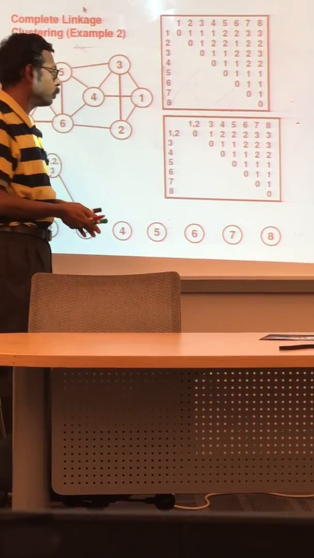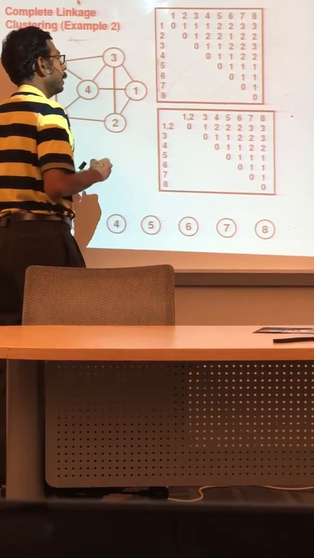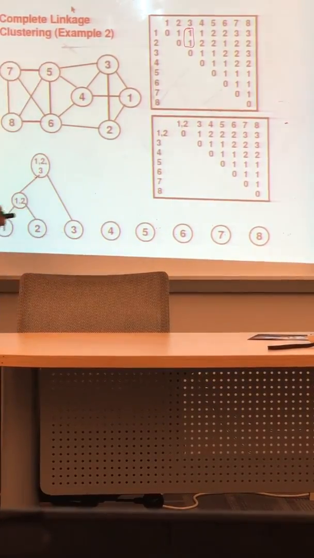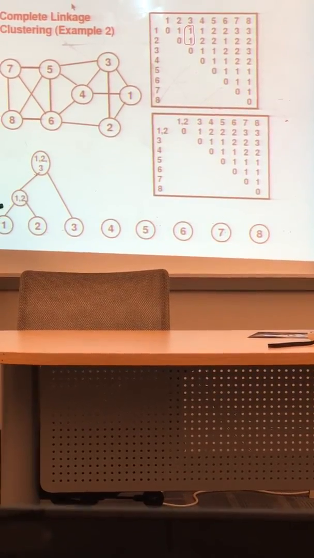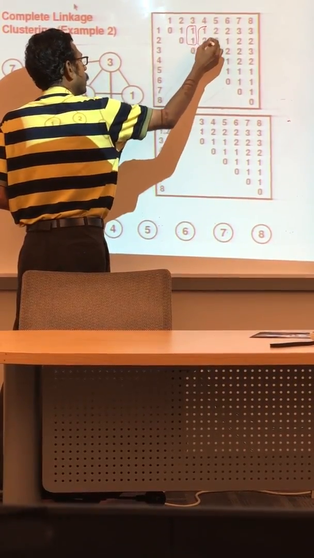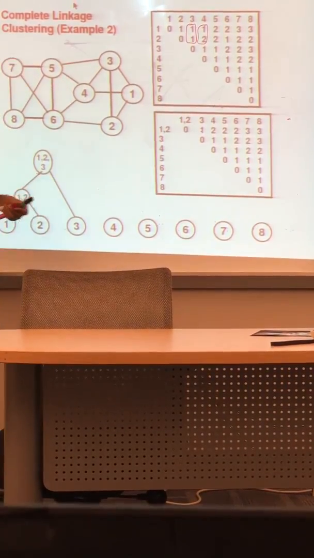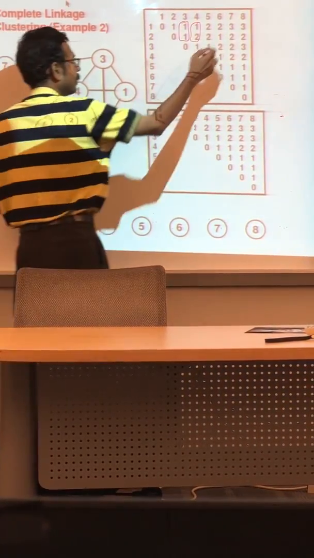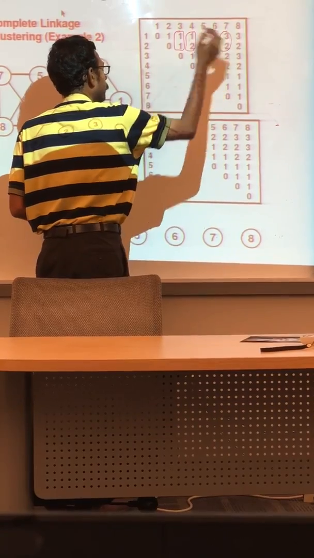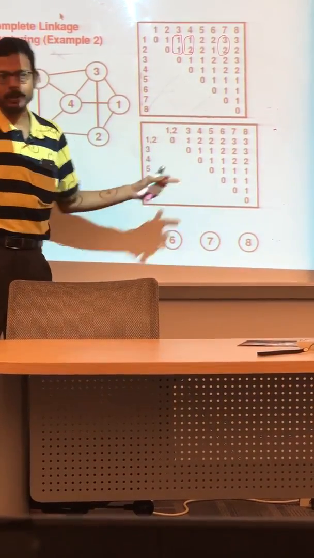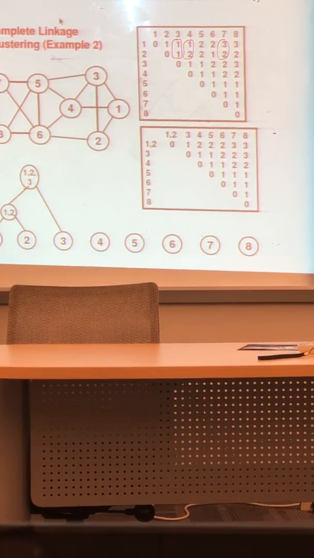So 1, 2 with 3 is going to be the maximum of the values in this block. 1, 2 with 3. So that's going to be 1, right? 1, 2 with 4 is going to be this. Similarly, 1, 2 with 5 and so on. So 1, 2 with say 7 is going to be the maximum of 3 and 2. Is that clear? So we combine 1 and 2.